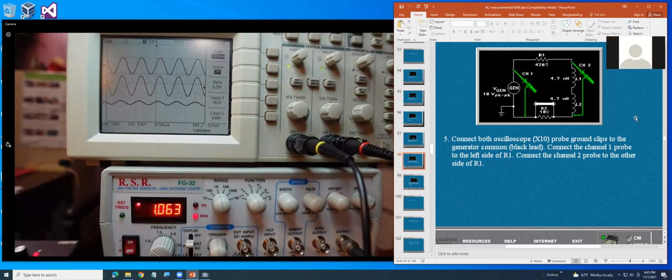Hey, Mr. Pham, I know you know what you're doing. In the beginning, did you make sure that the probe is times 1 or times 10 for both of them, on the scope and on the probe? Exactly. Okay, a few things you must understand when you start working with the generator.